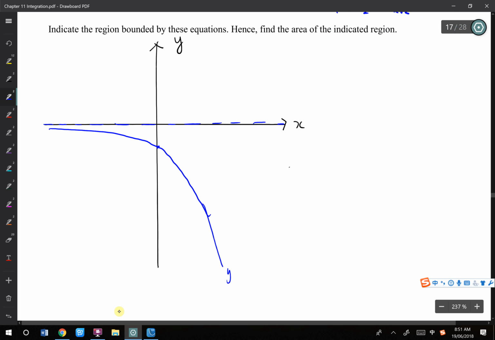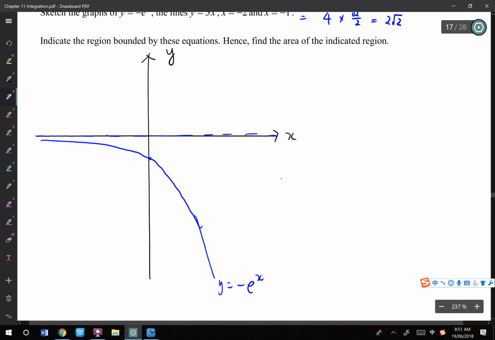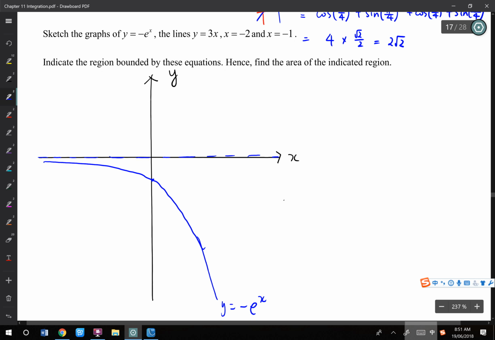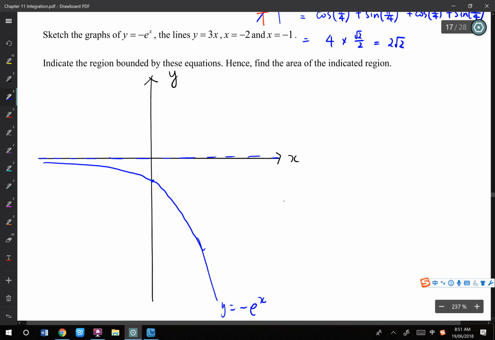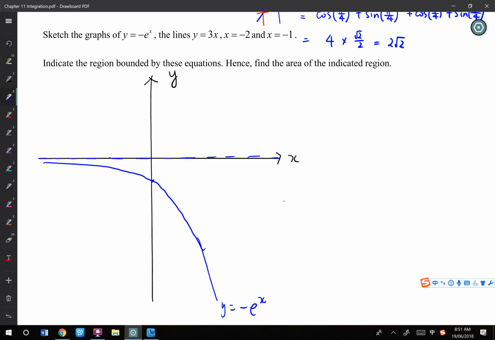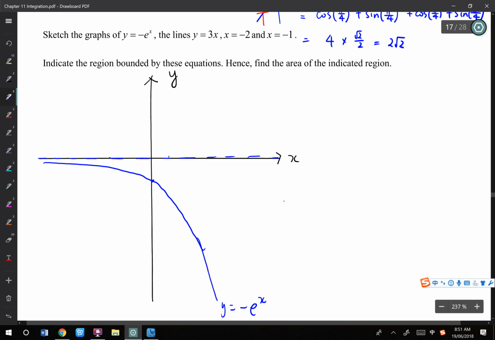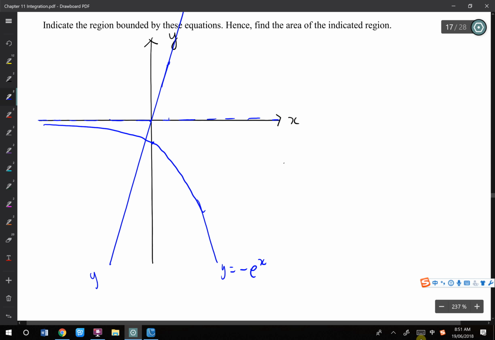Be y equals to minus e to the x. And I want to sketch y equals to 3x. Okay, so I have this line y equals to 3x.